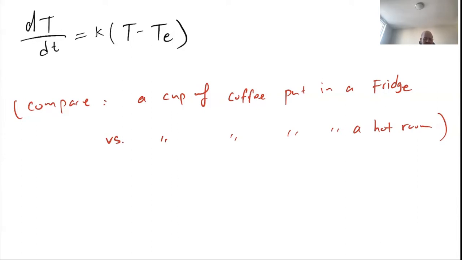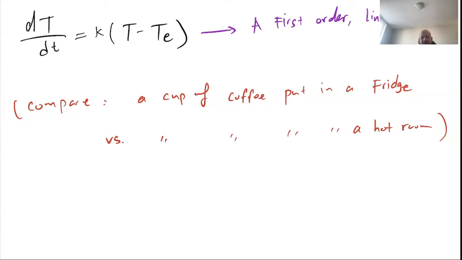So this is a first order linear ODE. According to what we said, it's first order because the highest derivative that appears is the first derivative, and it's linear because our unknown function is T here, and there is no power for T. So for T and its derivatives, they all have power 1.